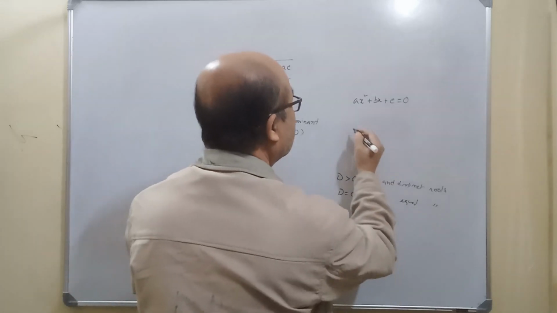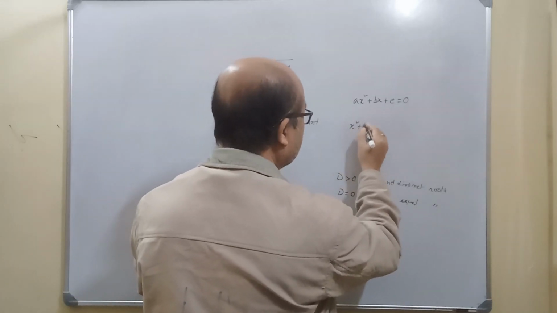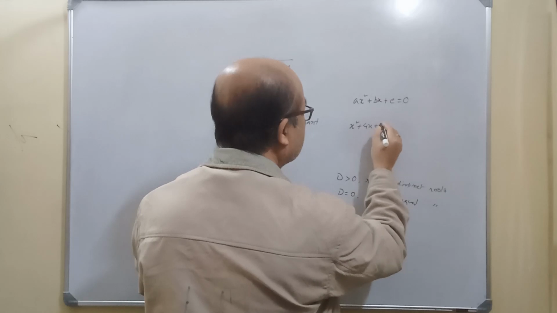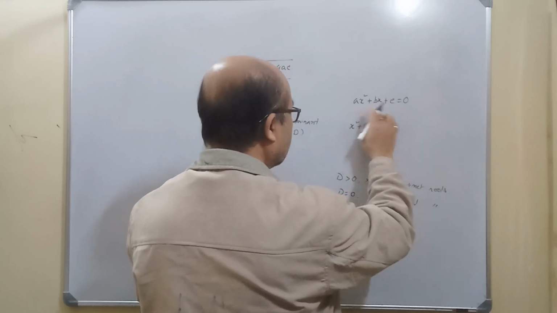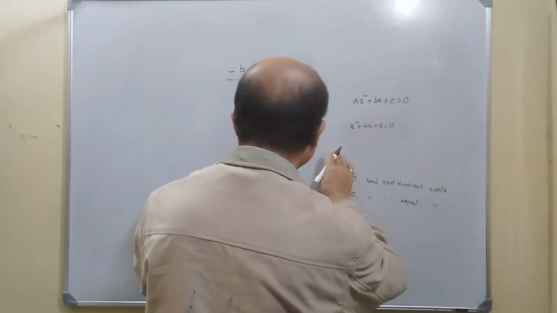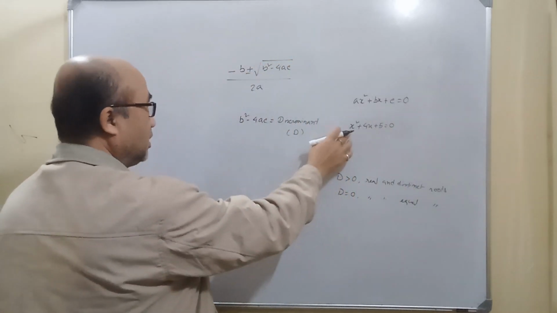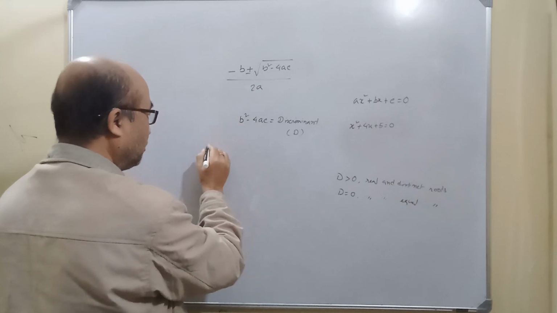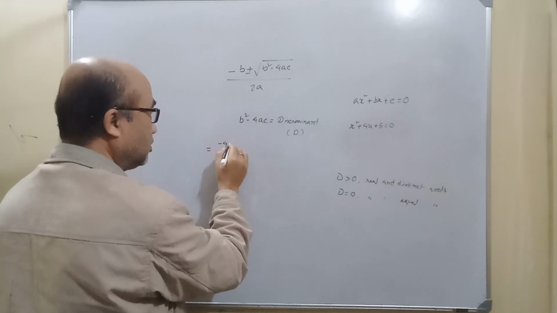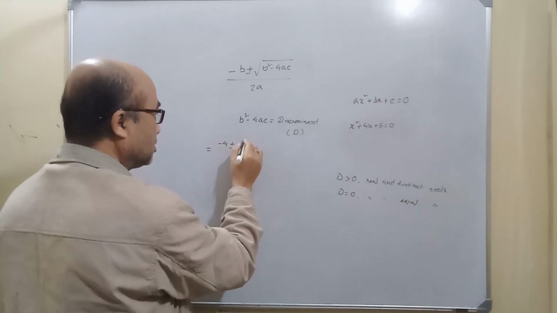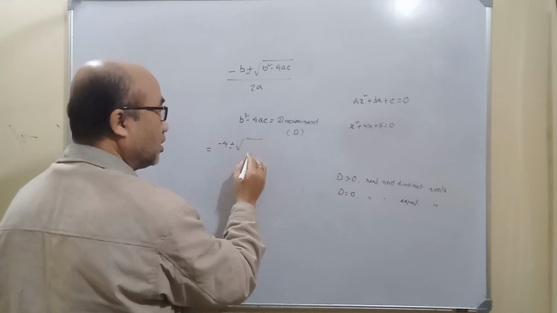Now let us take another equation, x square minus 4x plus 5 equal to 0. This is a quadratic equation in the standard form. So let us first solve it using this formula. So what do we have? Minus b, which is minus minus 4, plus minus the square root of b square.